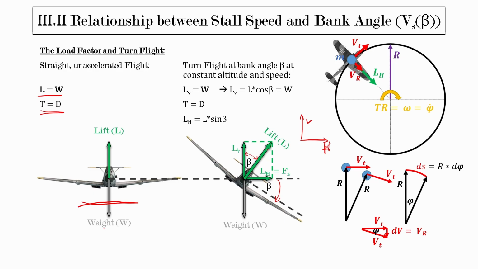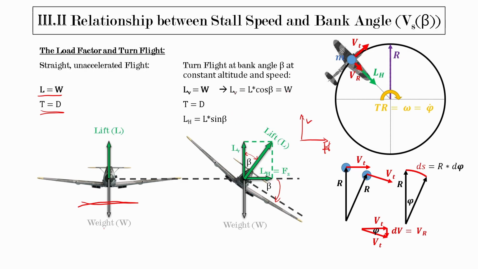If we don't change that, obviously again we would use trigonometry and find the vertical lift component is L times cosine of beta. Cosine of beta is 1 at 0 angle, and as soon as we induce an angle greater than 0 degrees, this will decrease in value. And if we don't increase our total lift by the same amount, this will be smaller than this, and then we would sink.